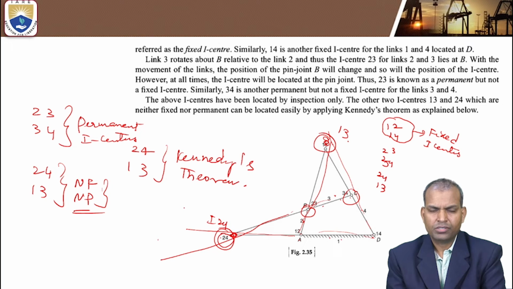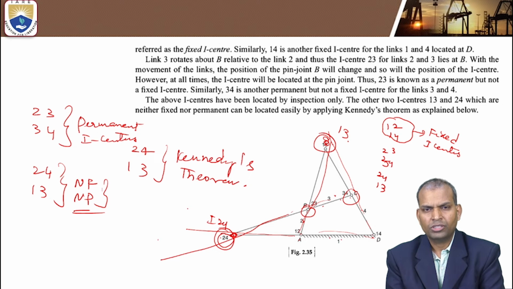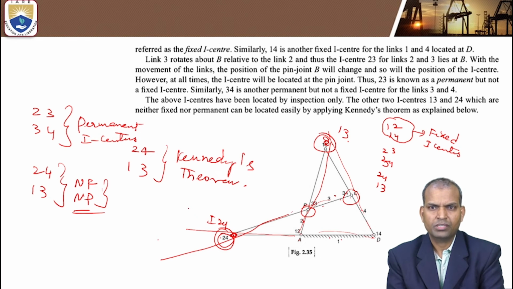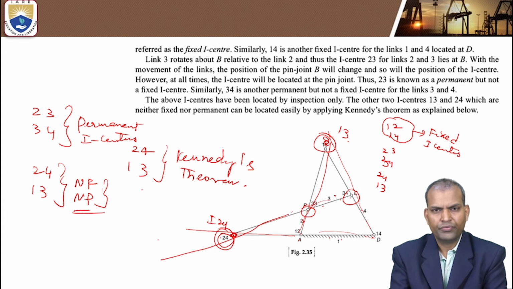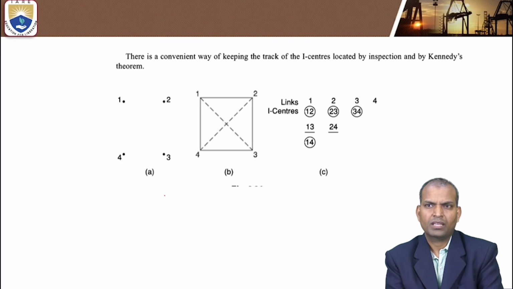But neither fixed nor permanent I centers can be located by using Arnold Kennedy's theorem. So how can we know these combinations, I13, I24? We can know them with the help of another method. That method is the circle method.